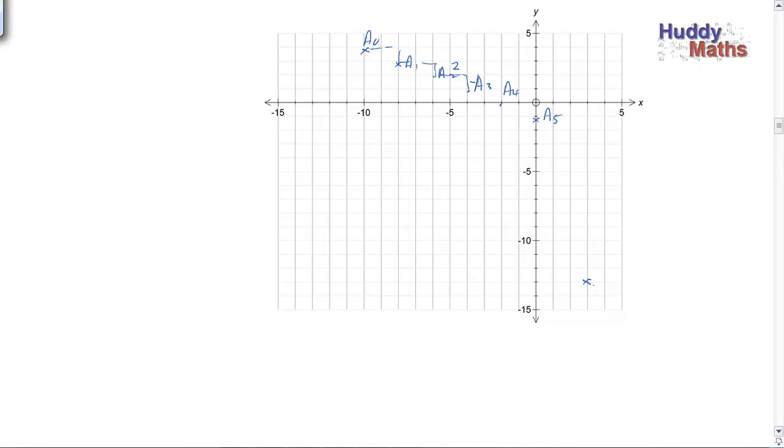Now this one, what's this one doing? Neg 1, 3. So it's going neg 1, 3. So this is B0, B1, then neg 1, 3, B2, neg 1, 3, B3, and neg 1, 3, B4, neg 1, 3, B5.